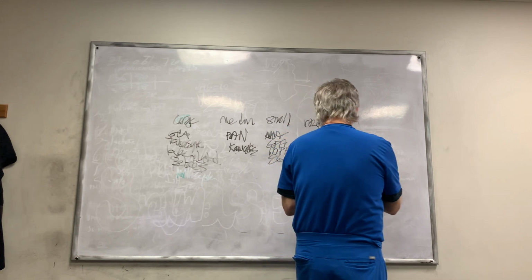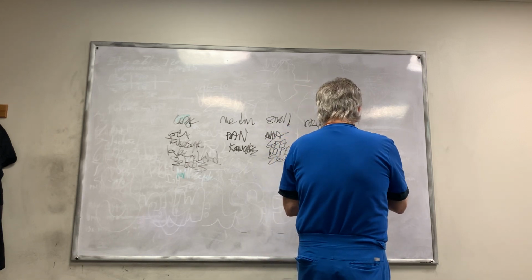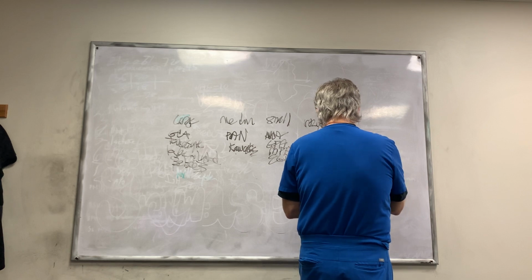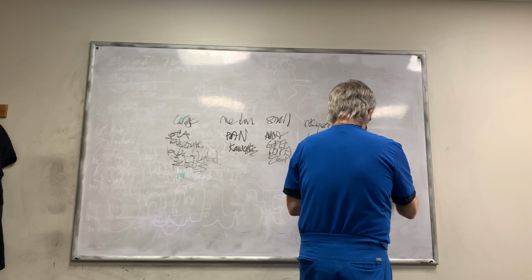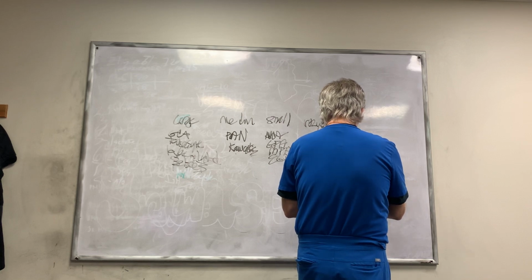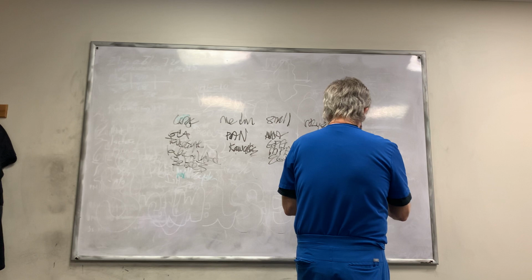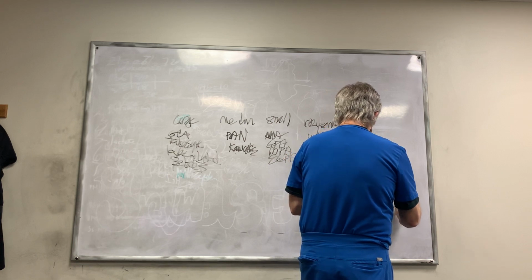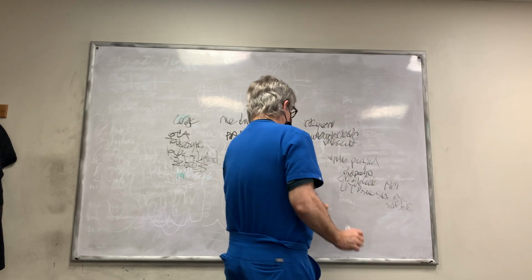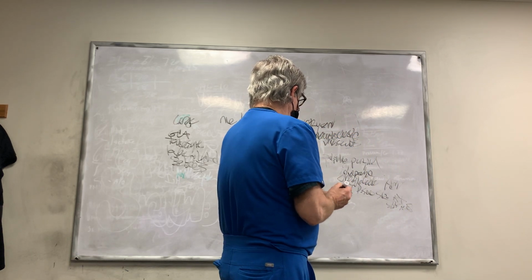Now, it could clearly be idiopathic, but the things you think of, cryoglobulinemia, especially due to Hep C, could do this. Connective tissue diseases like lupus, rheumatoid arthritis, Sjogren's have been reported to do this.